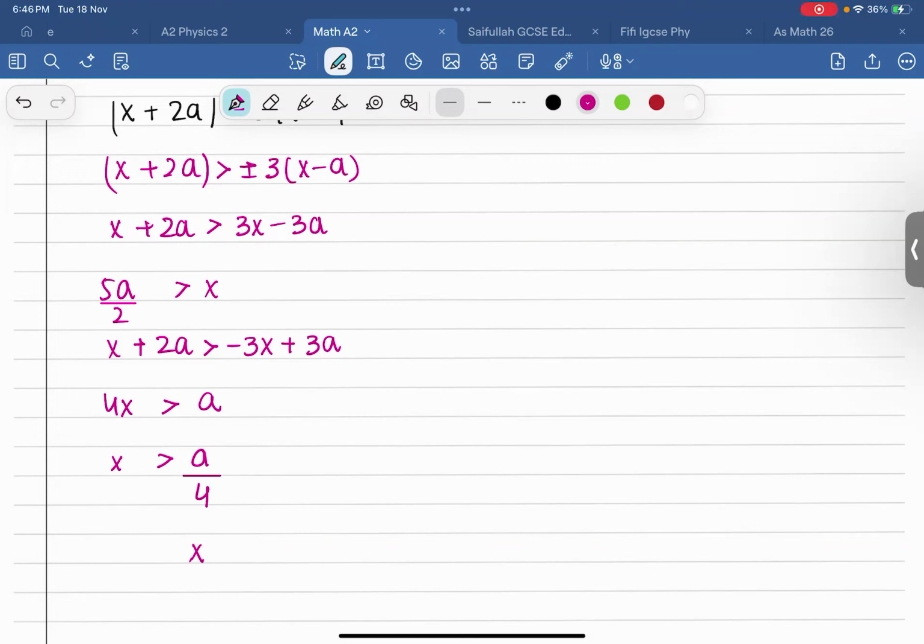So it should be smaller than 5 over 2 and greater than 1 over 4, and both contain a, right?